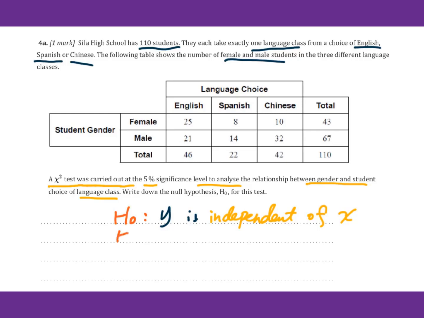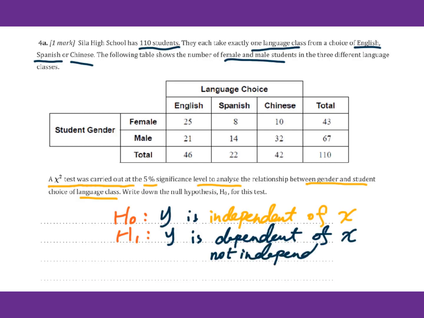We have an alternative hypothesis. We say Y is dependent on X, or you will say not independent of X.